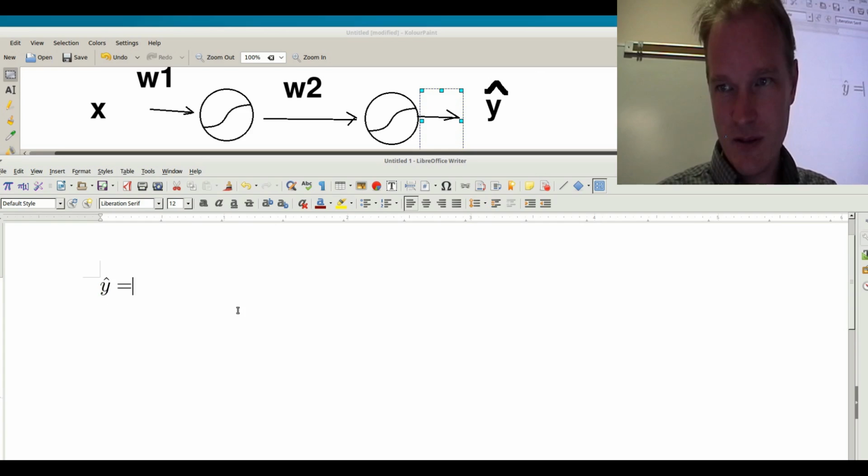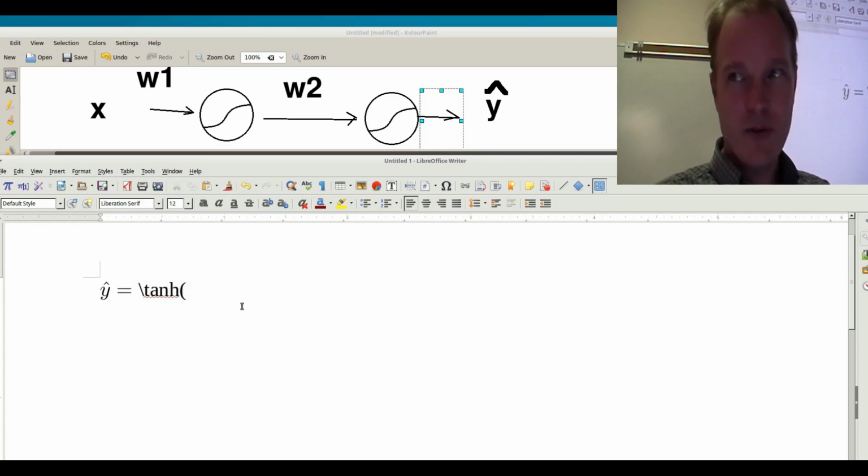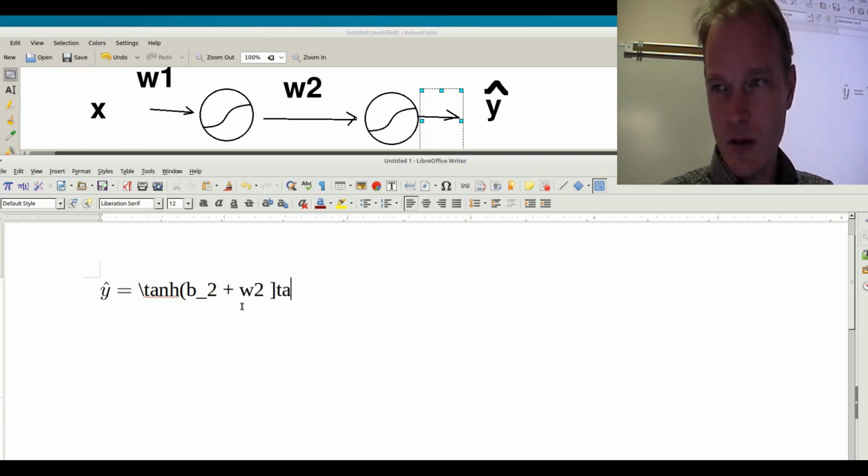There we go. y hat is equal to the hyperbolic tangent of, and then how about bias 2 plus weight 2 times the hyperbolic tangent of bias 1 plus weight 1 times x.